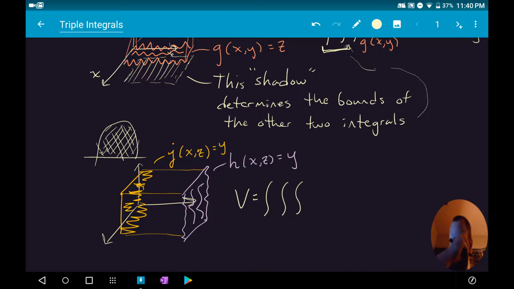For now, we can look at the volume of this piece here, and here's the question: which one goes on top, right?